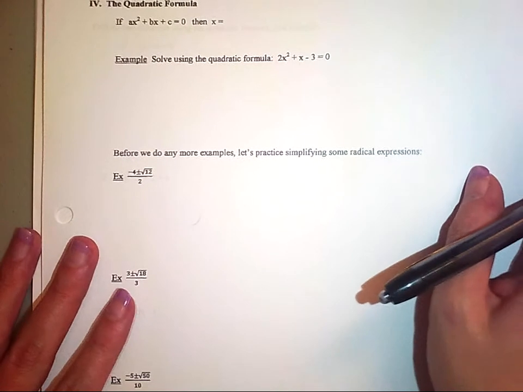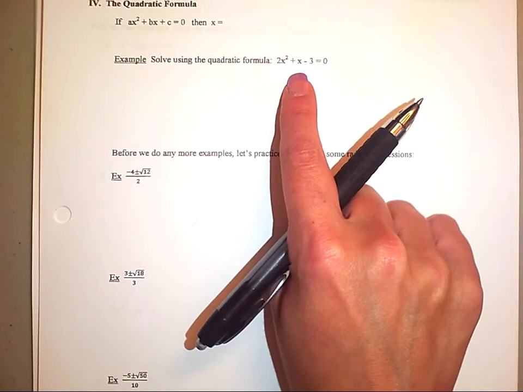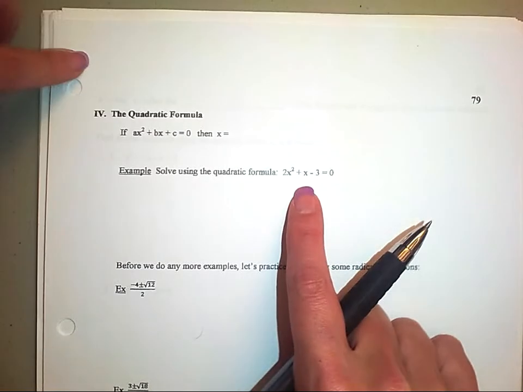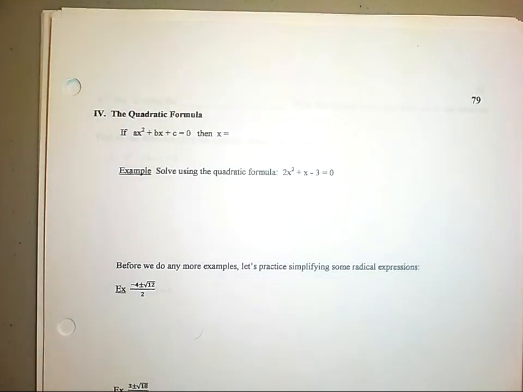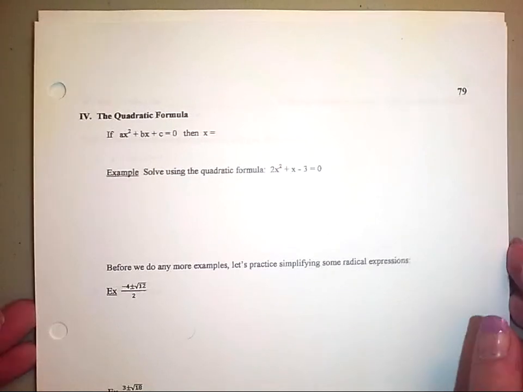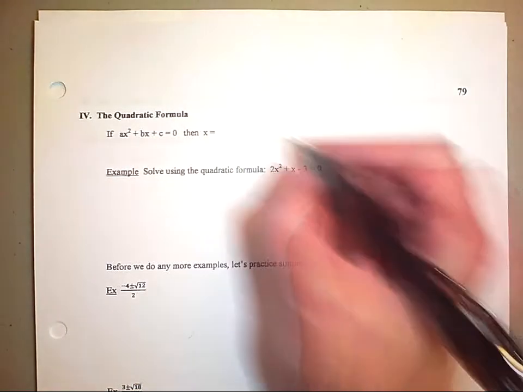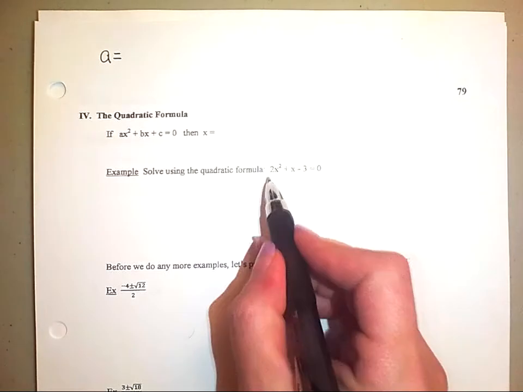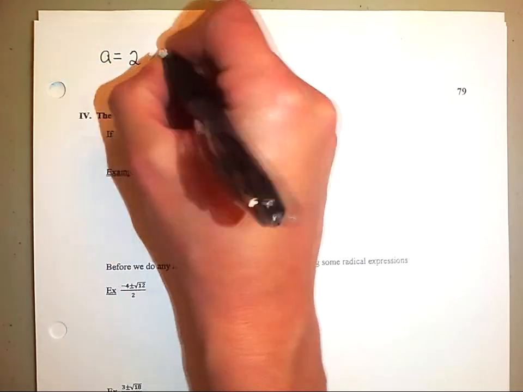Okay, let's see if I can do it in here. So let's say this is the quadratic that we have to solve. Now, let's identify what a is. A in this case is 2.